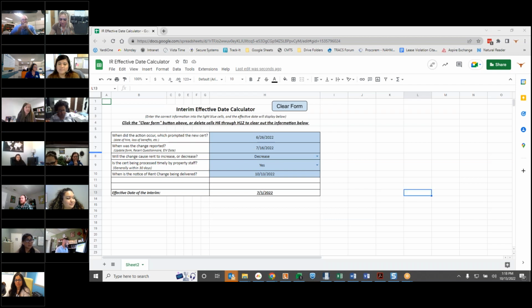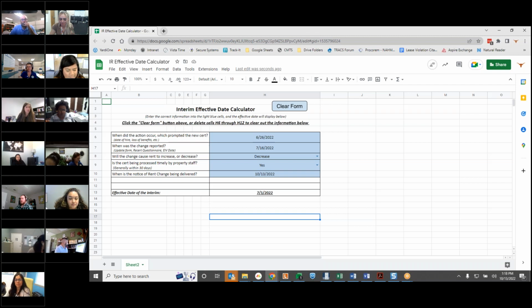Let me say a couple of things. One, this isn't HACA policy; it's HUD policy. It does come from Chapter 7, and what is the HACA policy part of it is we used to say 10 days to report, and we moved it to 30 days to report. If I recall, why we did that is we had a lot of folks that were hesitant to report until they had at least gotten their first check.